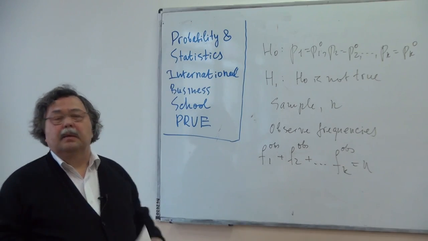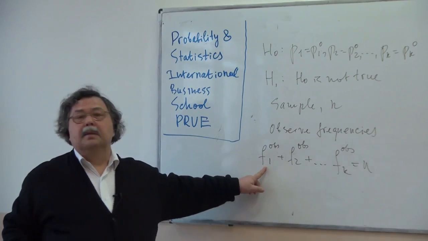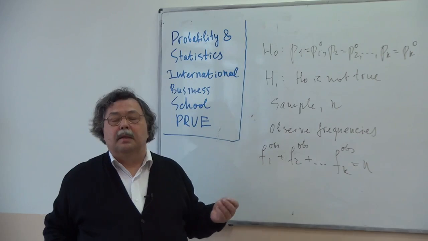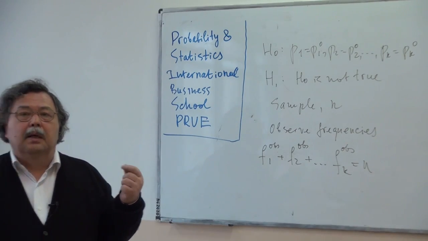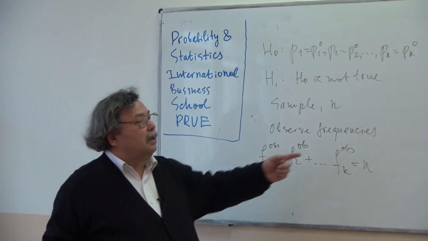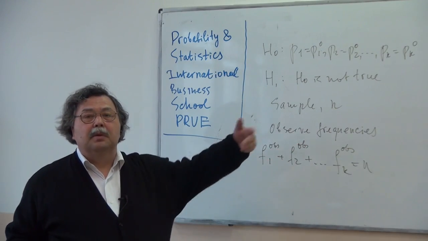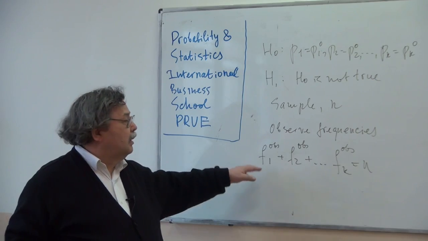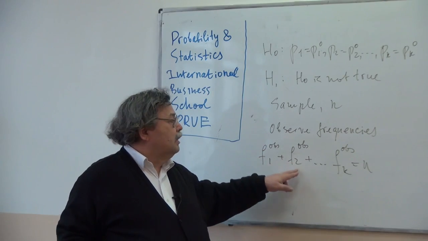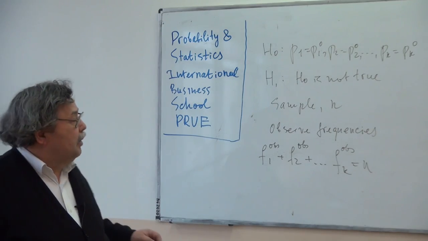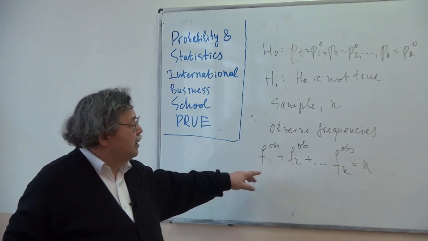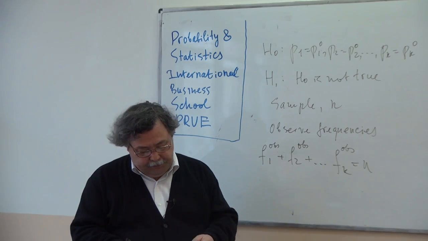So again, this number F1 observed is the number of times we observe a member belonging to category 1 in this sample. And this is the number of times we observe category 2, and so on. And because all these belong to the same sample, the sum is n.